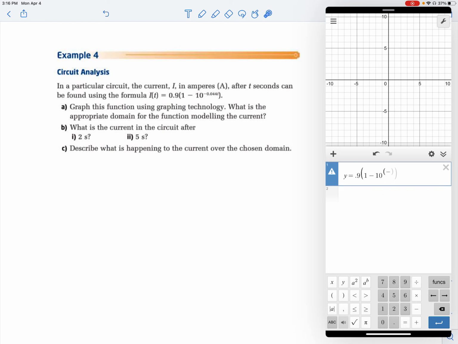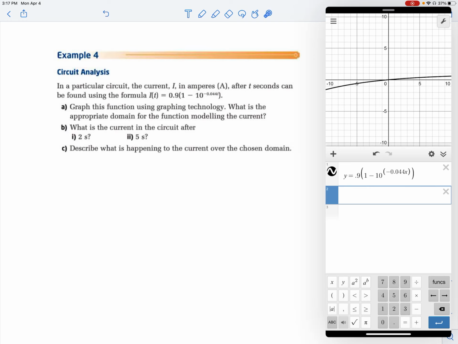I know in Desmos you don't need it, but it's negative 0.044 t, and we'll have to use x. Okay, so we'll just close up those brackets. All right, so there's our graph. Just double check it, make sure everything is written okay.